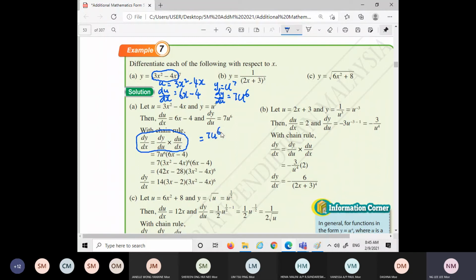What is du dx? Du dx is here, so 6x minus 4. They want it in terms of x, so replace the u with this. So (3x squared minus 4x) to the power 6, and then continue with 6x minus 4.